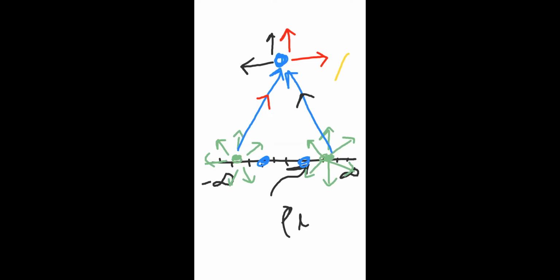That means there will be no electric field finally, because they cancel each other. But if you take these two, they are going in the same direction, so you will get some resultant electric field. Finally, you will get an electric field like this.